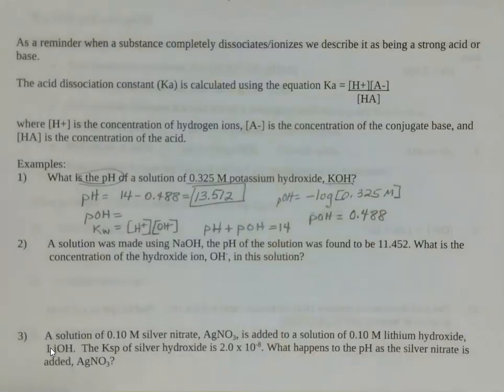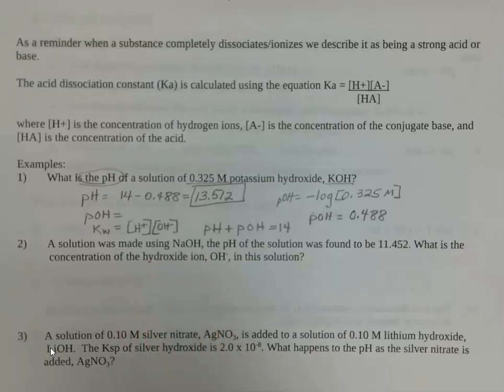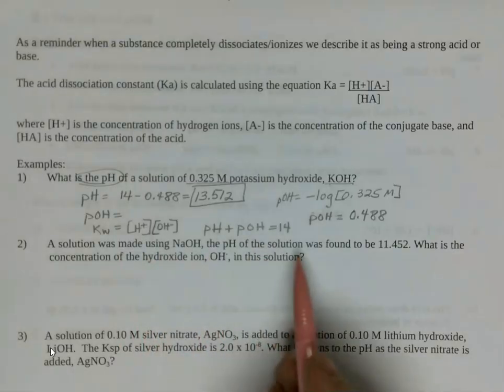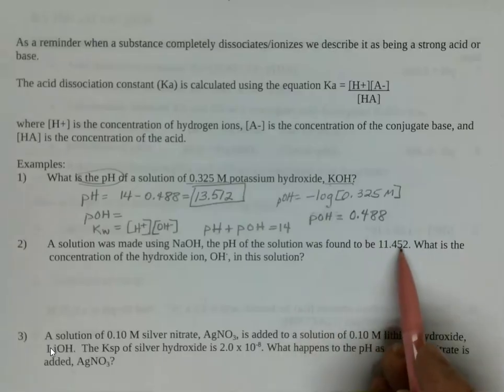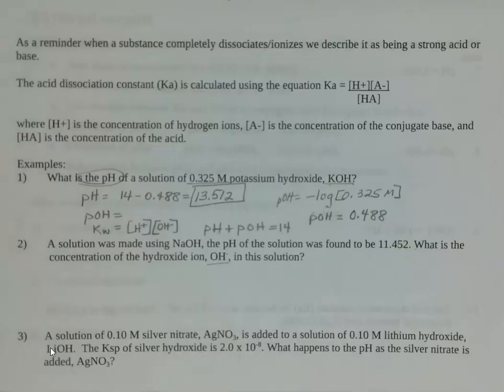Okay, let's look at the next problem then. It says a solution was made using NaOH, again a base. The pH of the solution was found to be 11.452. What is the concentration of the hydronium ion? So this is just the complete reversed problem.